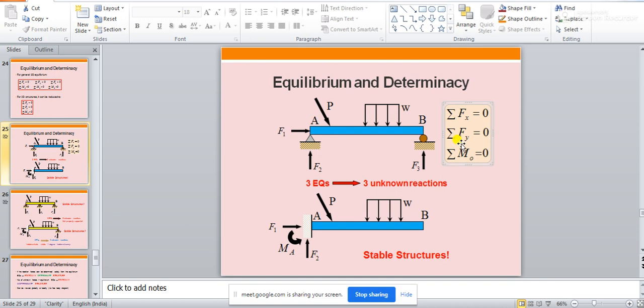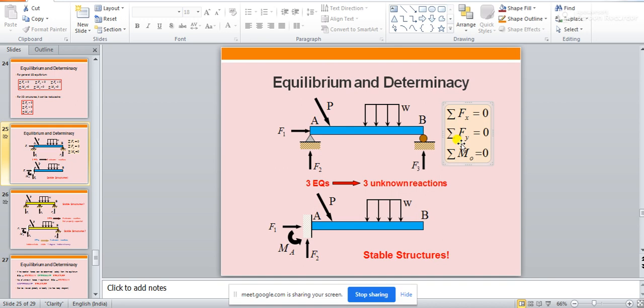So what is determinate? A determinate structure means you are able to solve for the unknown reaction components coming from the external loads, and also the internal moments and internal shears.